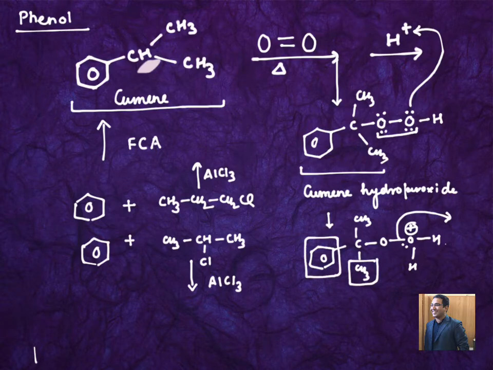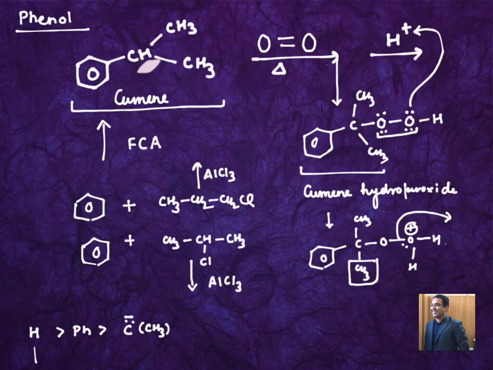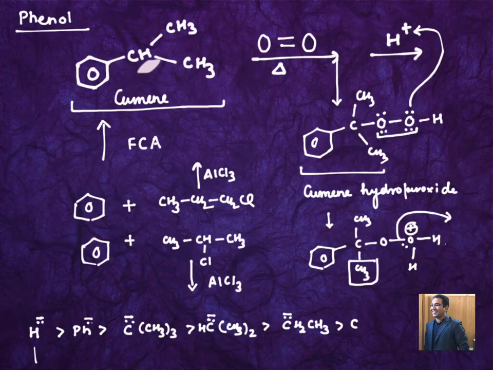So when you compare migratory aptitude of Ph and CH3, the sequence is: hydride is better than Ph, which is better than C with 3 CH3s, which is better than C with 2 CH3 units and 1 hydrogen, which is better than C with 2 units of hydrogen and 1 CH3, which is better than CH3.